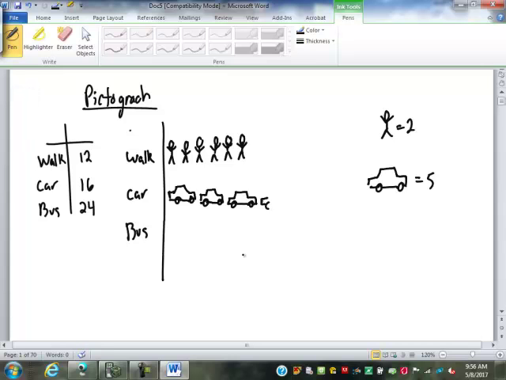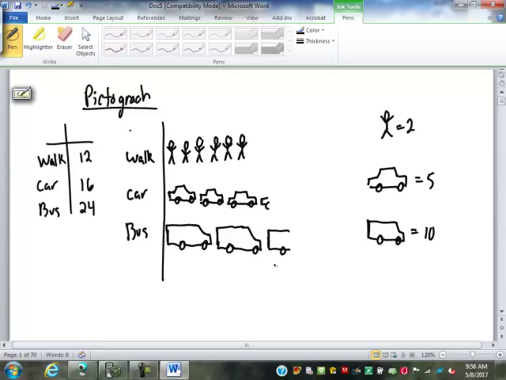Cut off the back end of a car. Bus is 24. Let's say that equals 10 people. That's 20, so I need 4 more. Might be something like that.